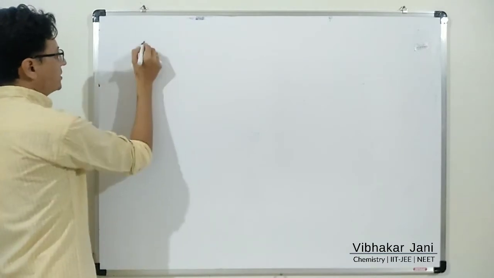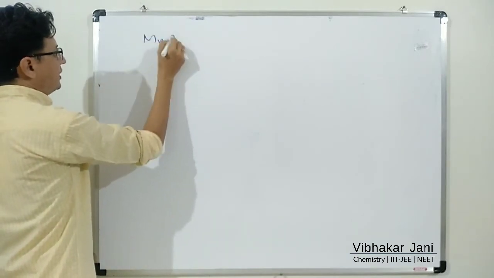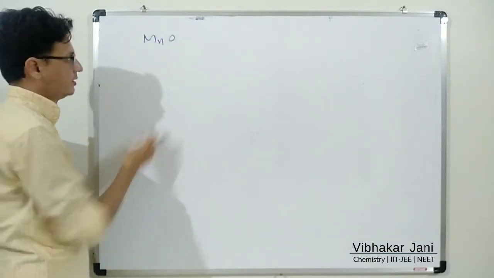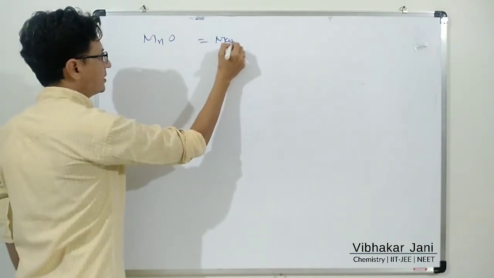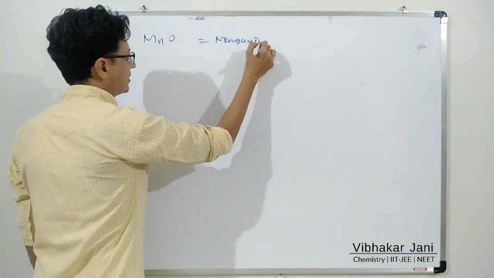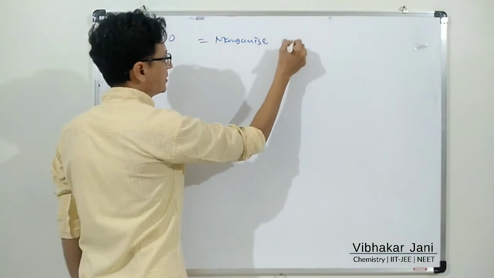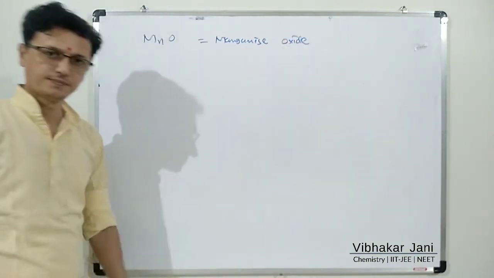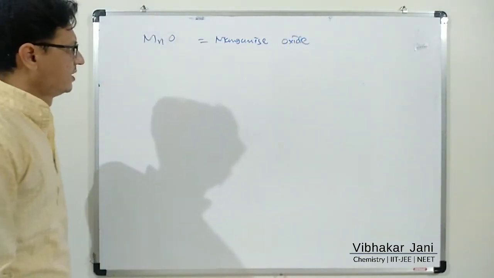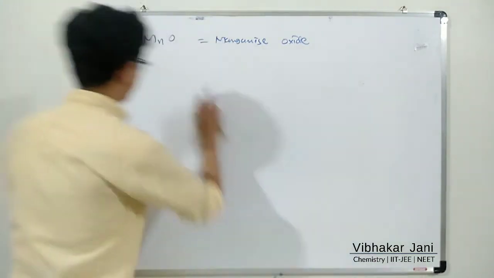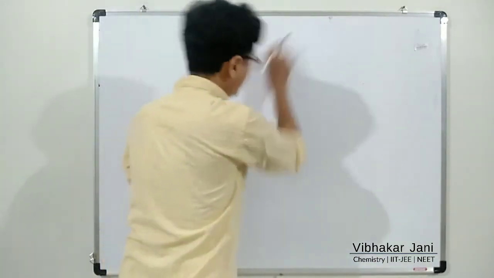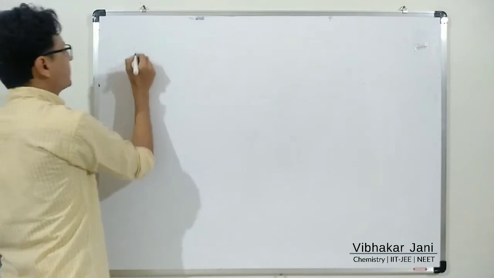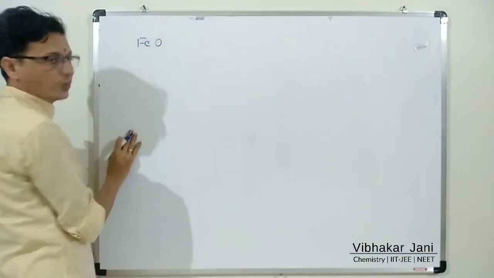If somebody writes MnO, the name will be manganese oxide. Or let us start with the familiar thing. This is your familiar FeO.